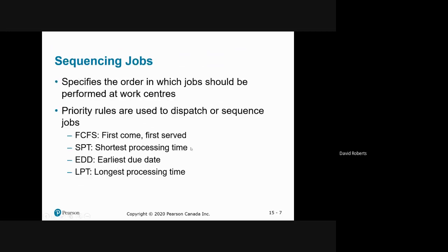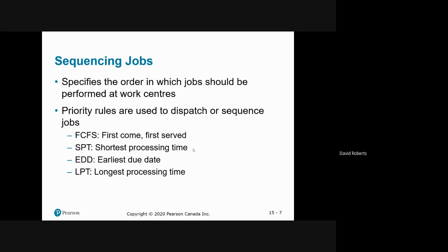Sequencing jobs, there's all kinds of sequencing rules. First come, first served, which you've experienced many times, especially at fast food places. Shortest processing time, getting the small jobs out of the way as quickly as possible. Earliest due date, what's next, which is what I was referring to earlier: which project or term paper or assignment is due next?